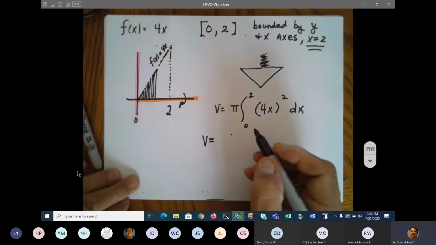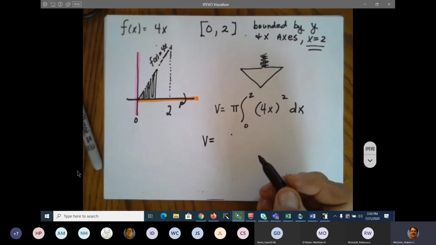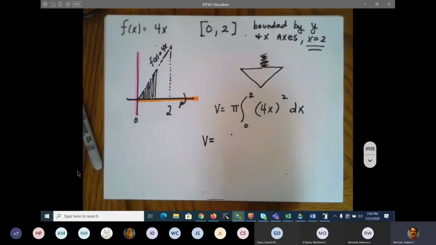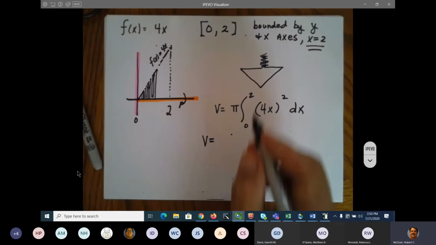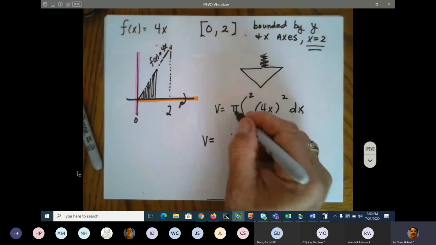Does anybody want to take a stab and tell me what the most common mistake on this problem is? Anybody want to take a guess? Maybe not pulling out the pi. No, they pull out the pi. That's fine.